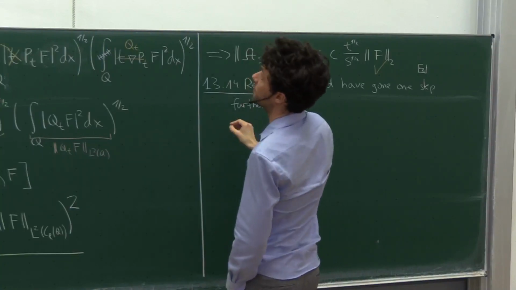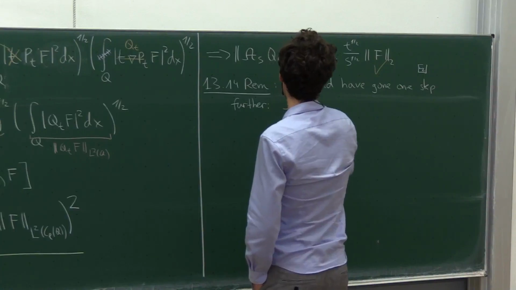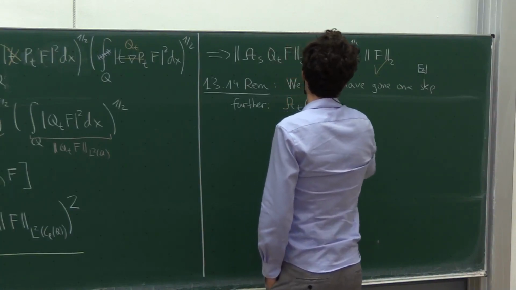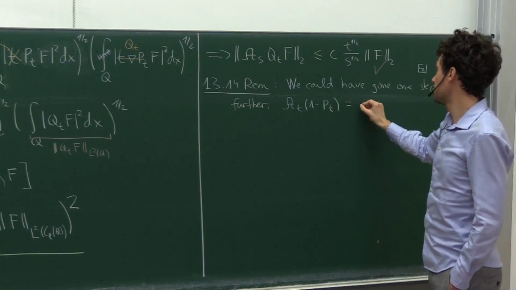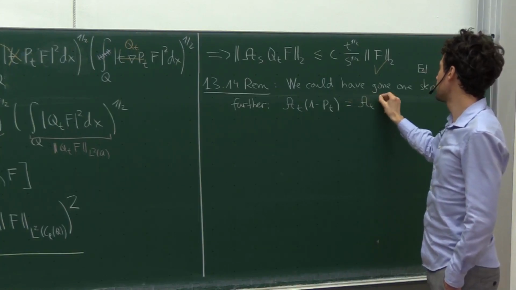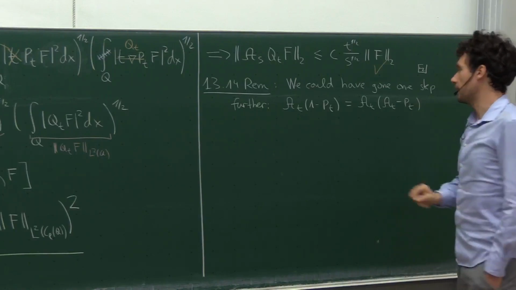I could have said that the thing I want to bound, A_T(1 minus P_T), is the same as A_T times A_T minus P_T.